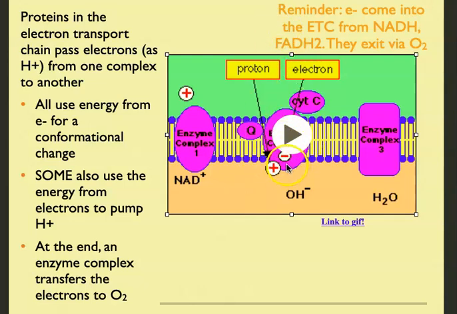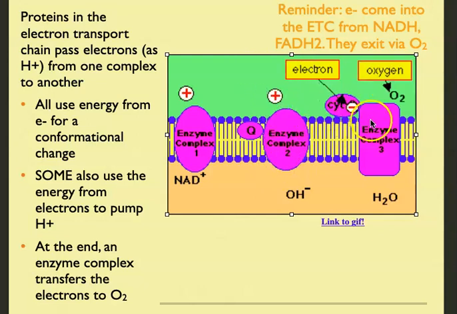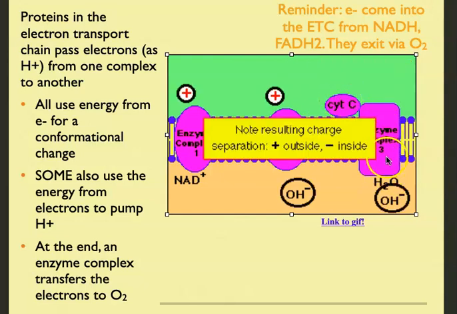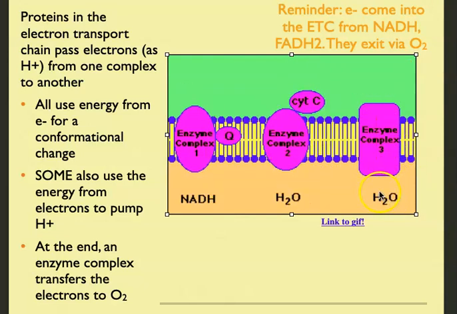We've talked about the difference between just allowing a molecule to move down its concentration gradient, but this is not that. This is pumping against the concentration gradient. So we get the proton moving across the membrane, and then the electron is passed on again to cytochrome C, and then passed to enzyme complex 3.